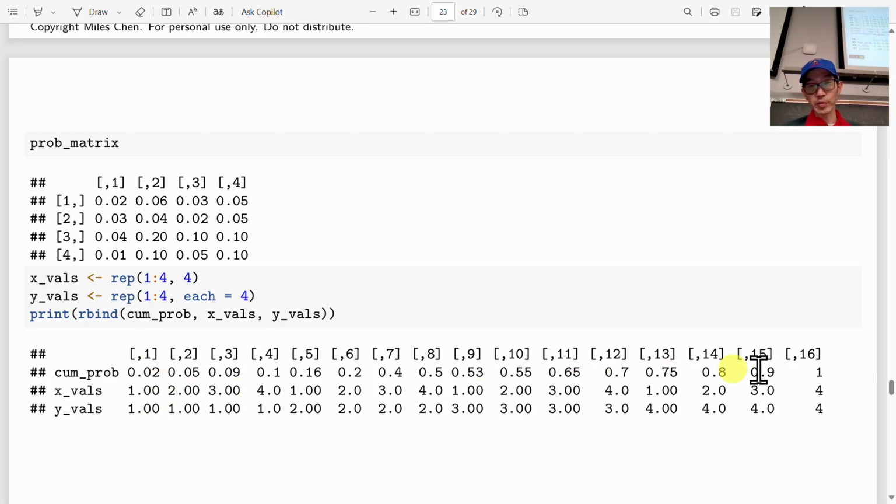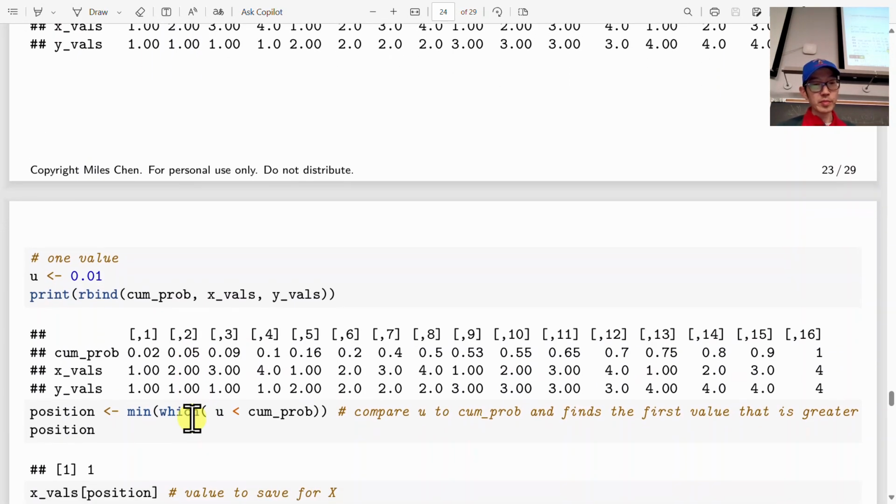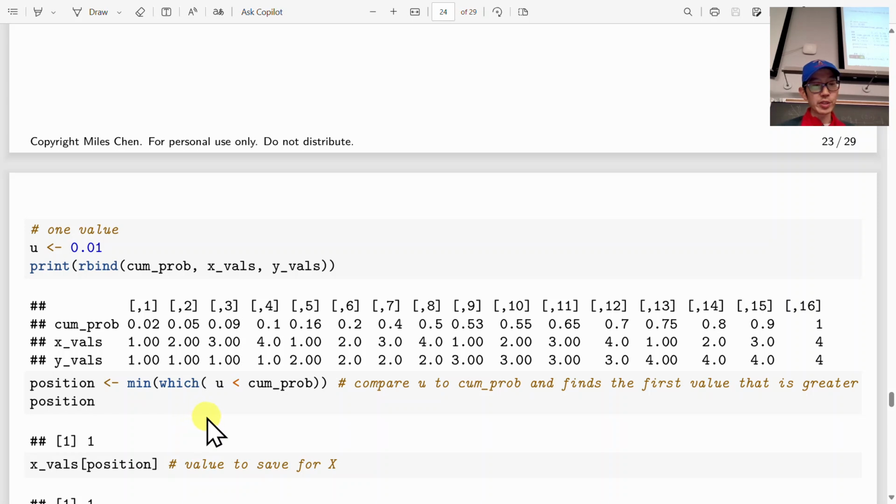This is my vector of cumulative probabilities, and if I generate a random u between 0 and 0.02, it'll correspond to x being 1 and y being 1. If I generate a value between 0.02 and 0.05, that will correspond to x being 2 and y being 1. Now we're going to generate a random u. Let's say my random u is 0.01.